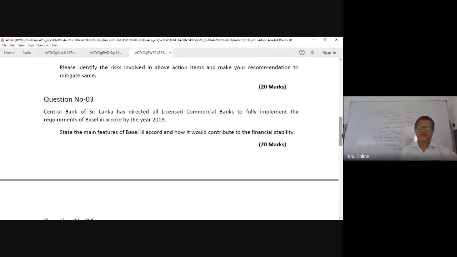So this question is about a roadmap. I posed this question in 2018 because in 2019 the roadmap was to complete the Basel III requirements by all commercial banks, and I think most of the banks have achieved it during the time specified.